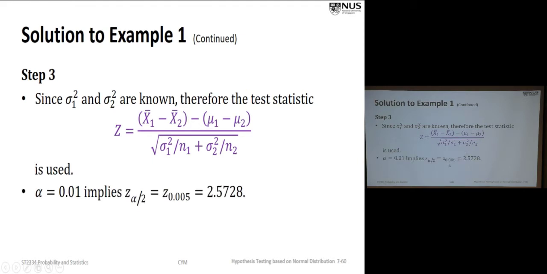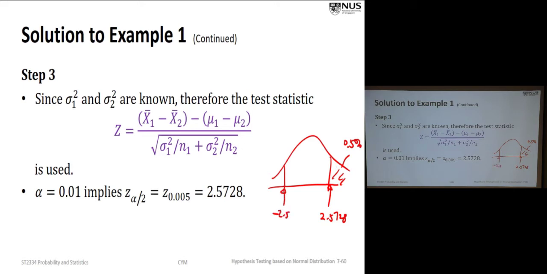So at 1%, because it's two-sided, this side has only 0.5%, and the other side has another 0.5%.